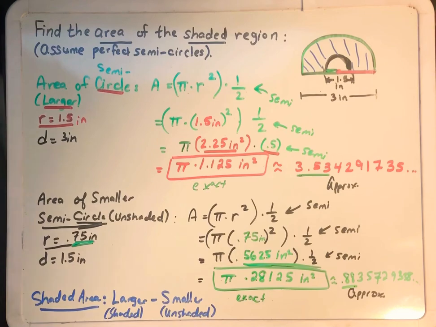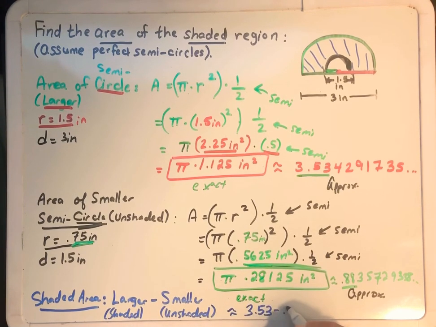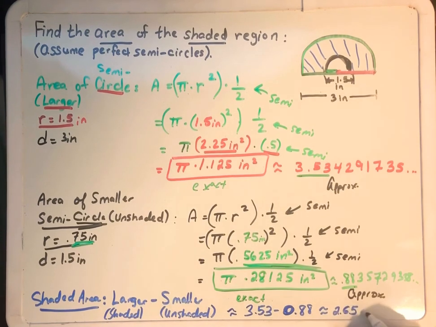Now this time I'm pretty close. That's actually pretty accurate according to my math lab. So when I do 3.53 minus 0.88, I'm getting roughly 2.65 as my answer, and this is in square inches. That is, I believe, what my math lab would ask for in this question.